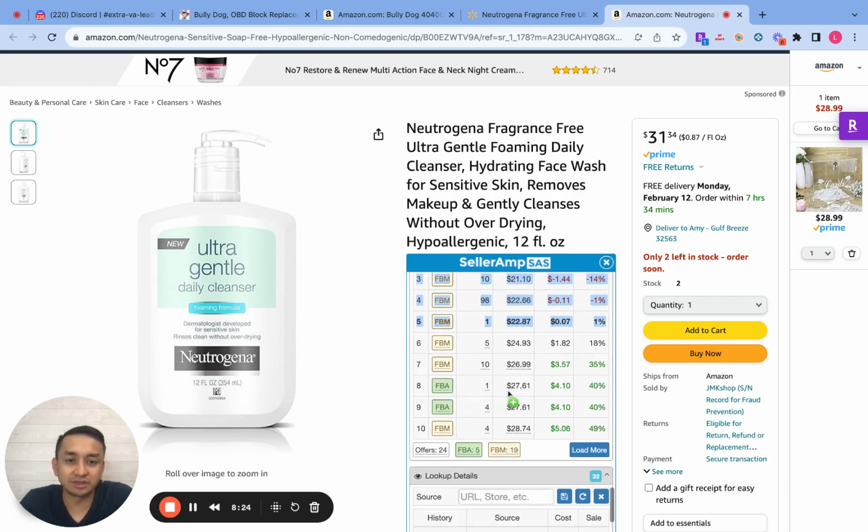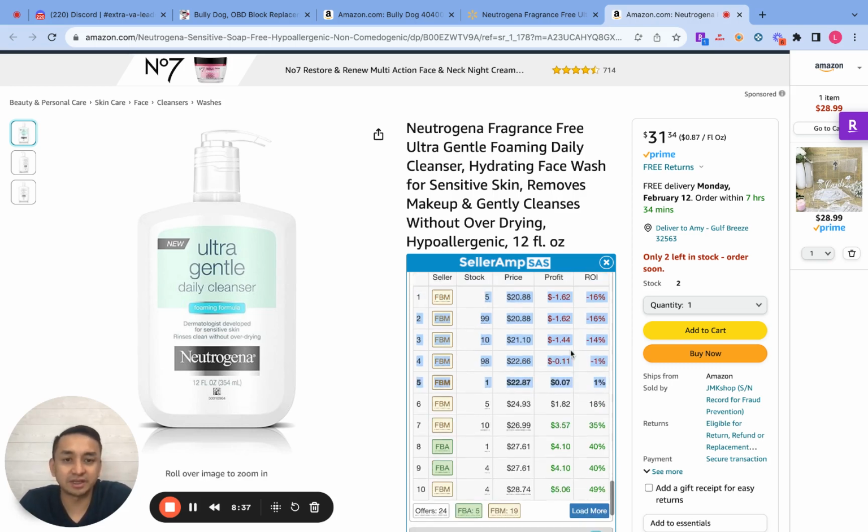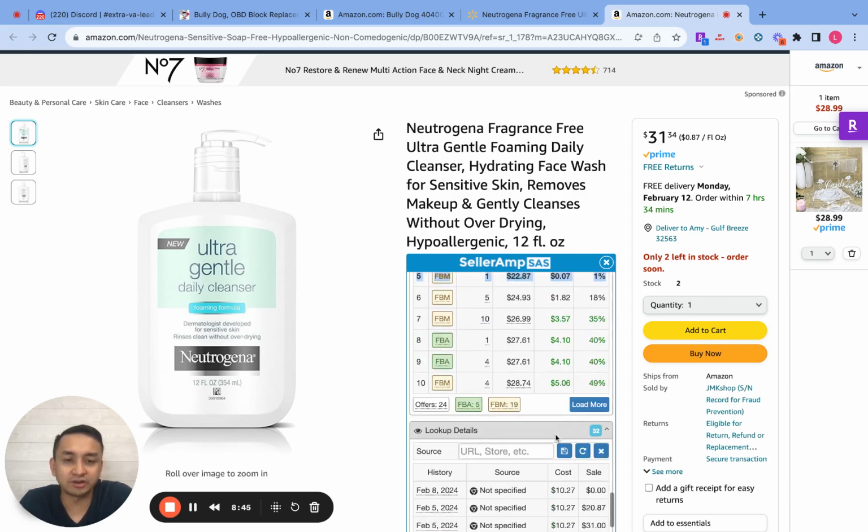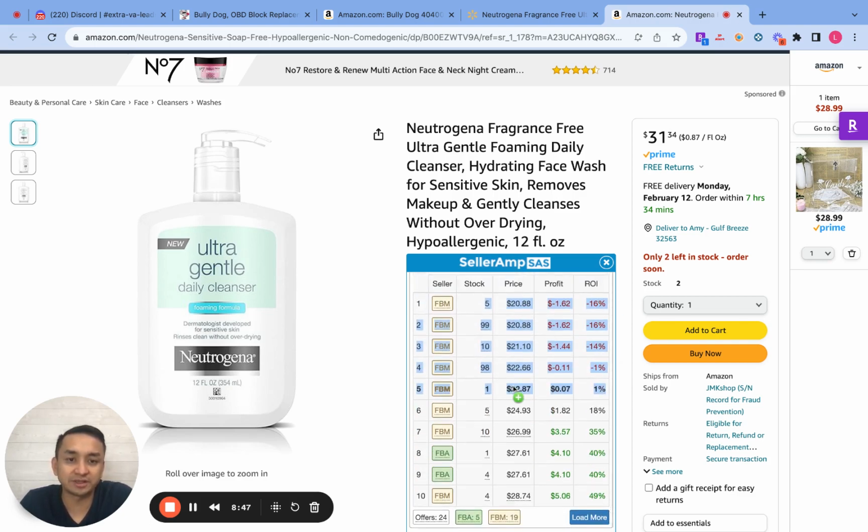So unless you want to settle, price your product here, take a risk, you can, right? If you price it at about $25, you're getting 18% ROI. But the risk here is that these 5 sellers here are pricing it way too low, and you're going to have a hard time competing with them as far as the price.